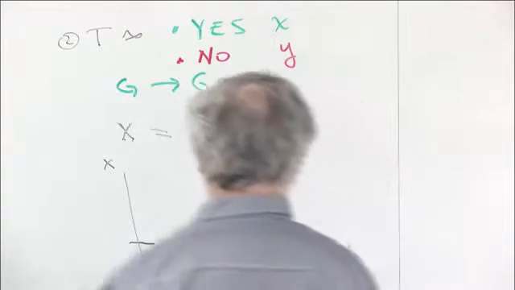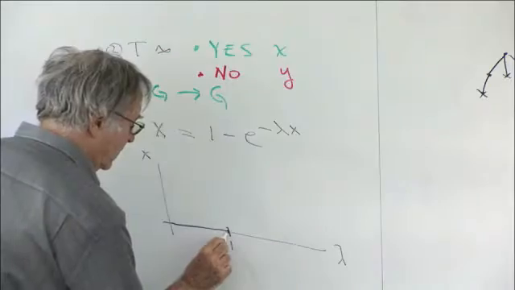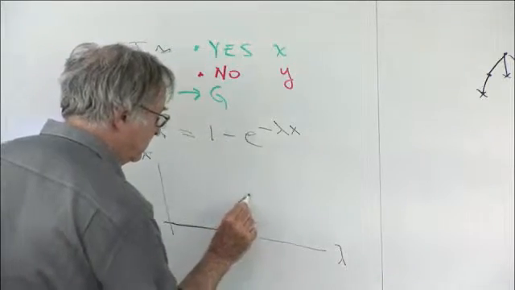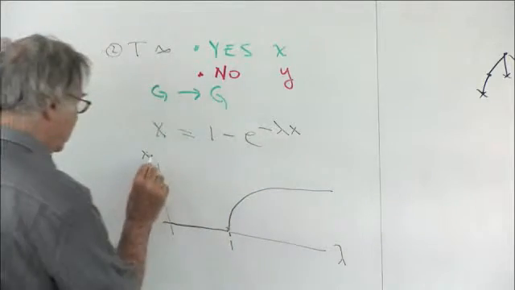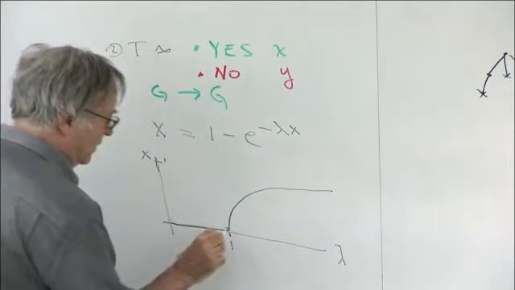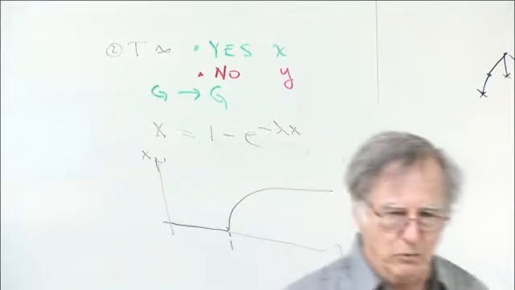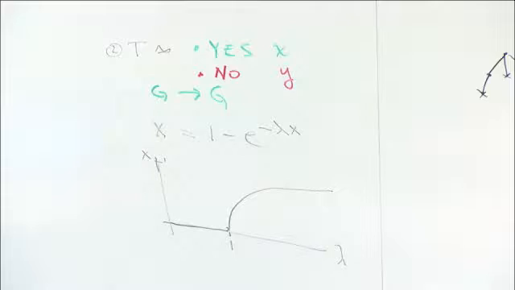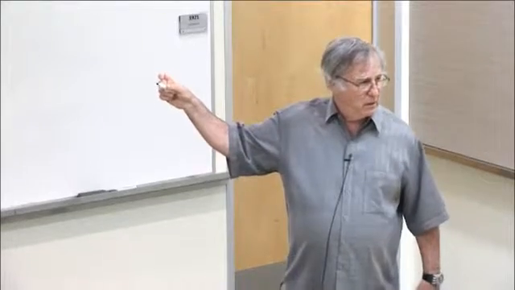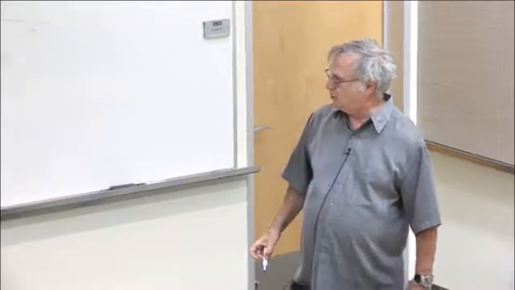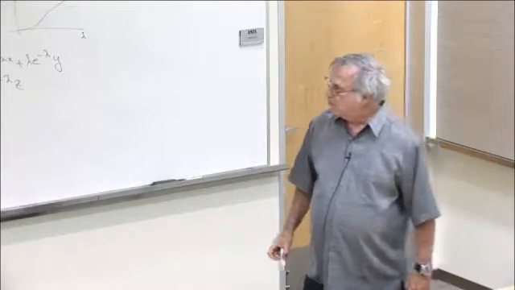For lambda greater than 1, there's a solution that does not have, so the right-hand derivative at lambda equals 1 is 2, and the left-hand derivative is 0. So it's not differentiable at that point. So that's a big distinction from here, where this function has all of its derivatives.